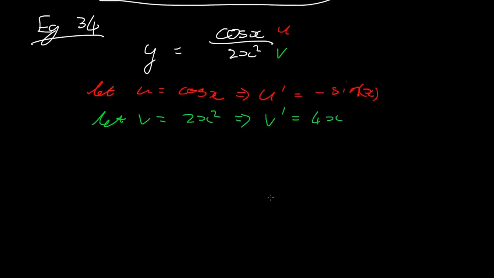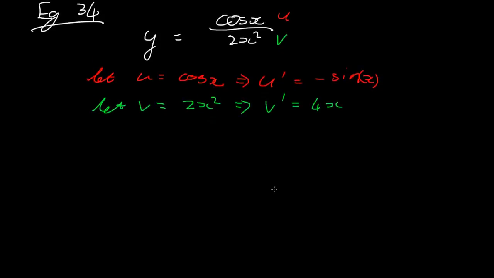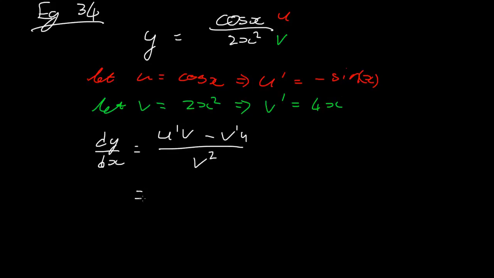Okay, and then we use our quotient rule. So what's the formula for our quotient rule? dy by dx equals u prime v minus v prime u over v squared. Okay, and now we can just substitute in.